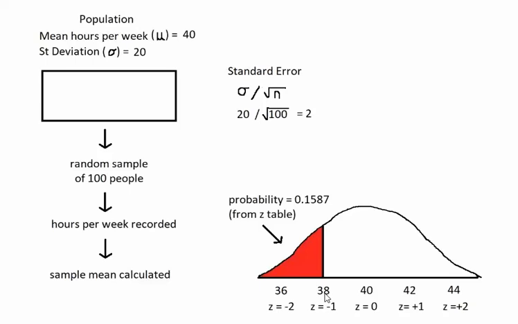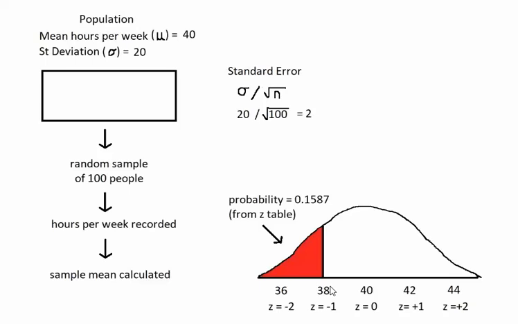We learned that each person in a population has his or her own z-score. Now we're learning about the z-score of a sample mean, which is a z-score of a group of people, not just an individual. So the z-score of a sample mean is the number of standard errors that the sample mean is from the population mean.